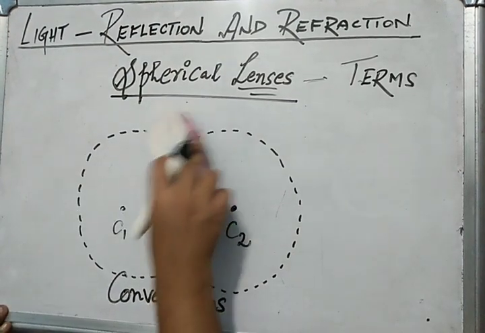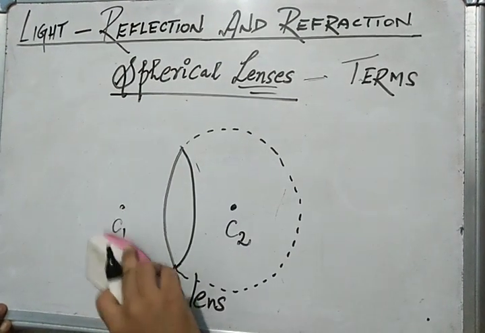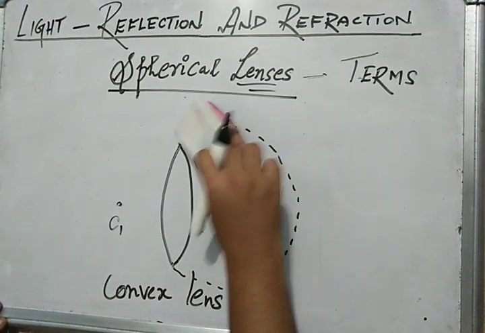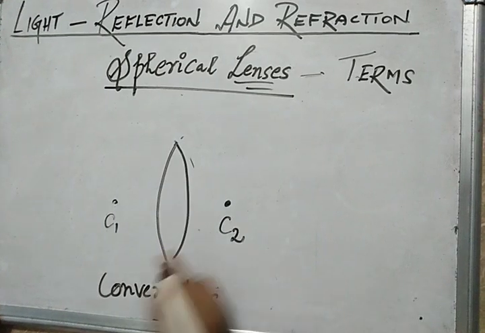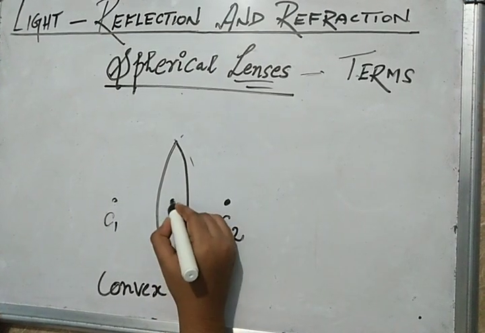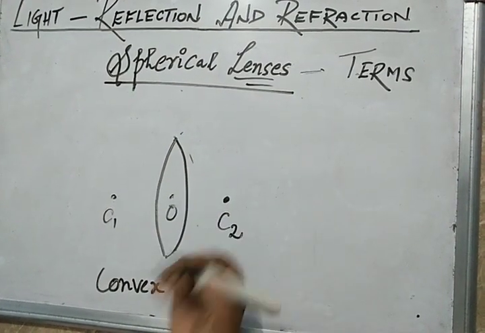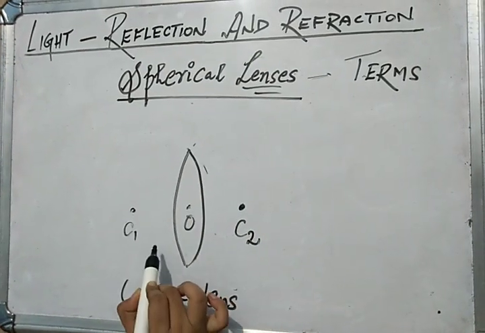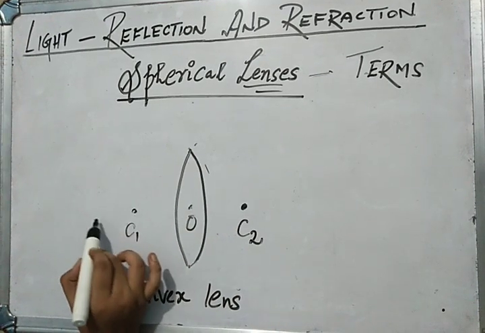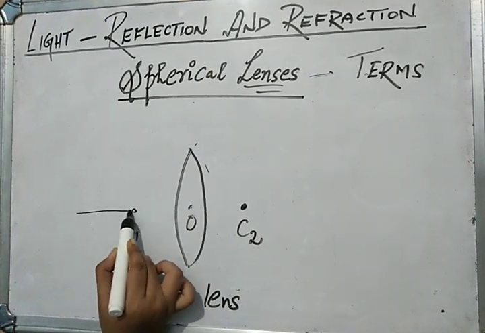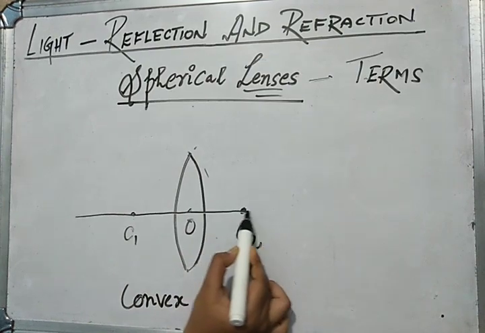Alright, now I erase these dotted lines. So lenses have two centers, C1 and C2. This is the optic center. Now the principal axis is the imaginary straight line that passes through C1, optic center, C2.